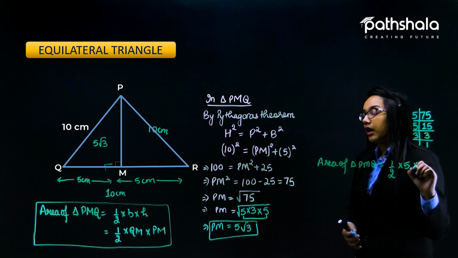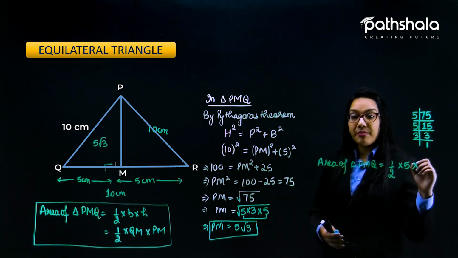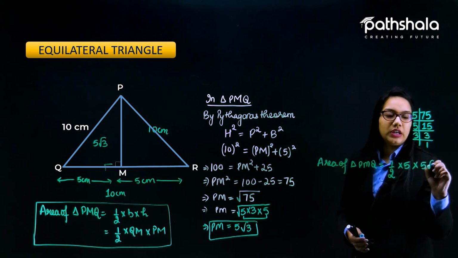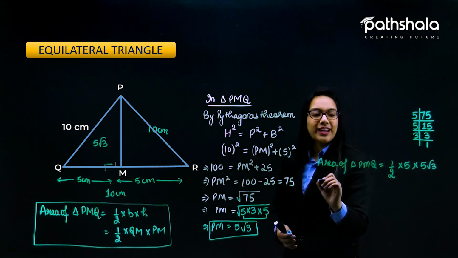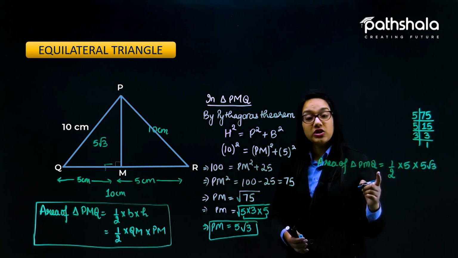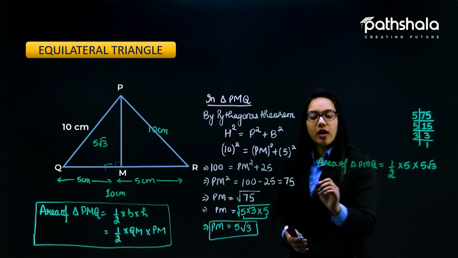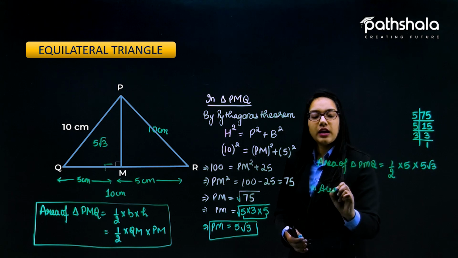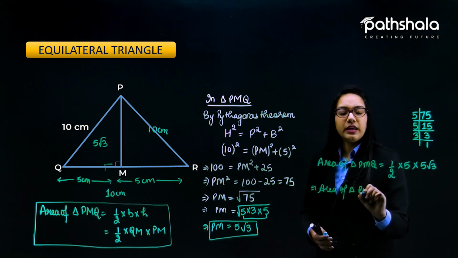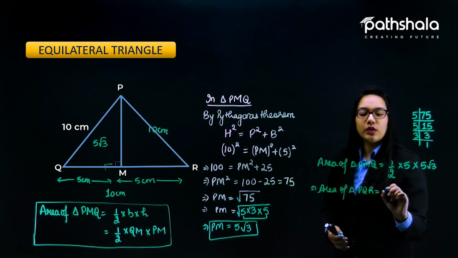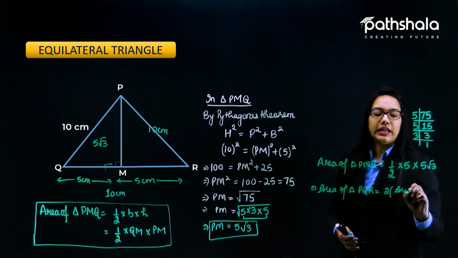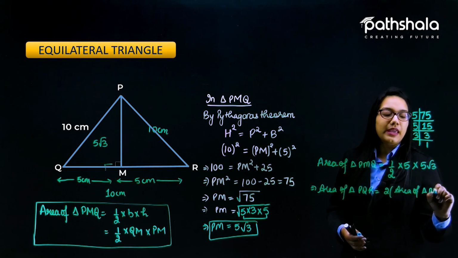Further we have PM. What is PM? PM is 5 root 3. So this is the area of the triangle PMQ. And obviously, if we are talking about the area of the total triangle, that is PQR, it implies the area of the triangle PQR should be equal to twice the area of the triangle PMQ.